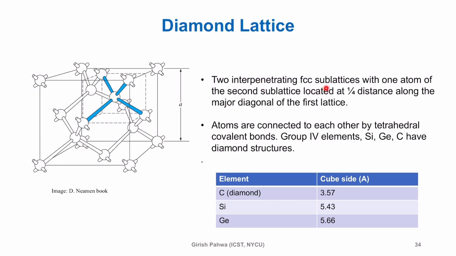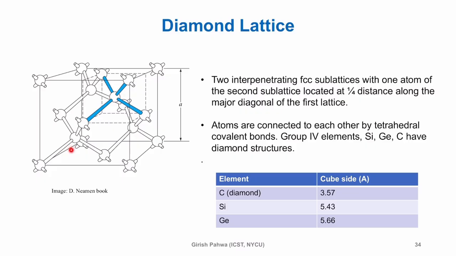Geometrically, you can form a diamond lattice by interpenetrating two FCC lattices. How do you do that? So you have two FCC lattices. There is one FCC lattice, say this. Don't think about the atoms which are inside. So this is the FCC lattice. Now what you do, along the diagonal of that FCC lattice, you displace another FCC lattice by 1/4 of the diagonal.